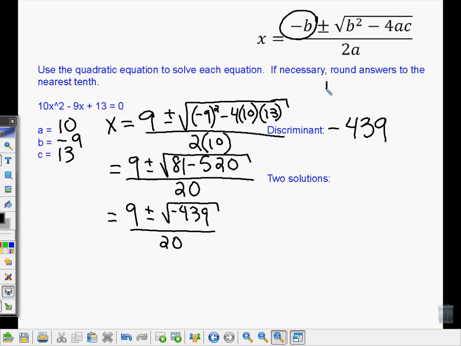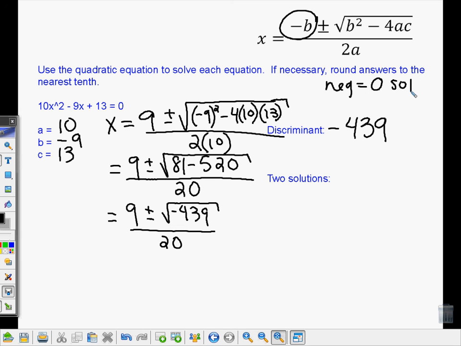Remember, negative equals 0 solutions. Okay? A negative number means 0 real solutions. All right? And we can't actually take the square root of a negative number. If we tried to do that in our calculator, it would give us an error.